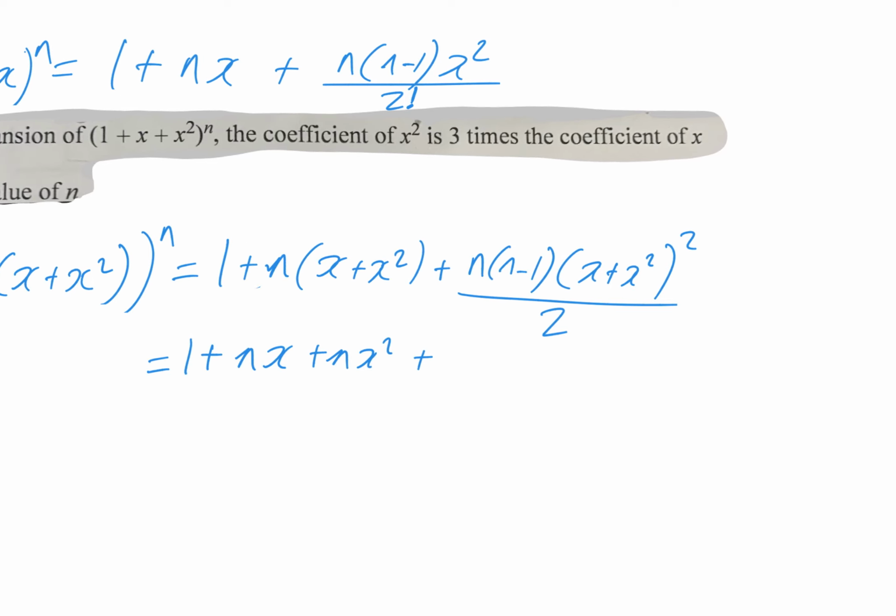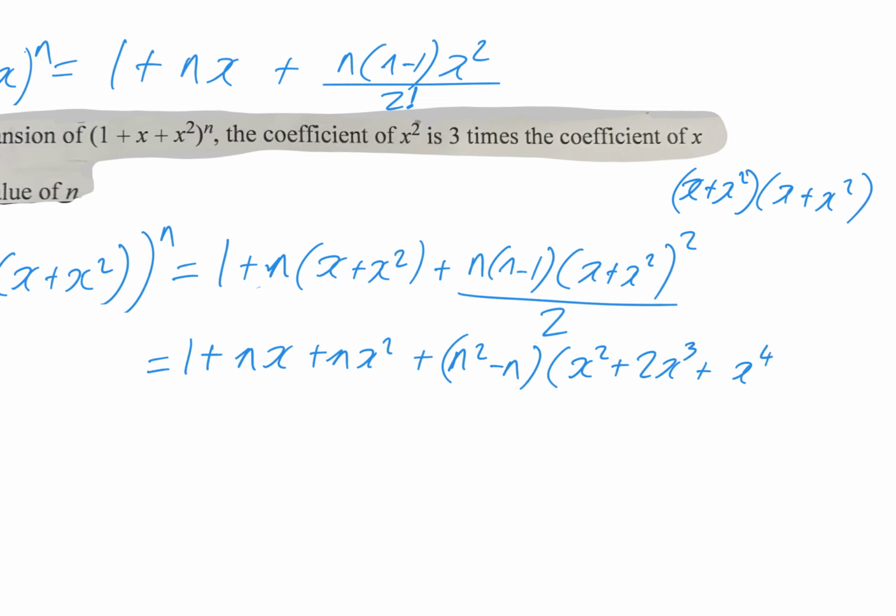We'll leave the n: n times n is n squared, and n times minus 1 is minus n, and then we will square this out. x plus x squared times x plus x squared gives x squared plus 2x cubed plus x to the 4, and that's all being divided by 2.